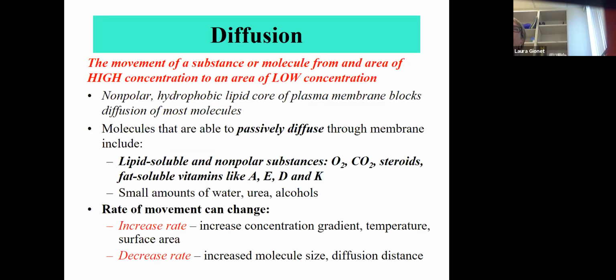So we're going to talk about these, diffusion versus osmosis, especially. Diffusion is the movement of a substance or molecule from an area of high concentration to an area of low concentration. Essentially, you're letting it just roll downhill. It's not the same thing, but we were talking about elements and atoms being driven to fill their outer valence shell, which is the basis of the chemical bonds that are formed in nature.